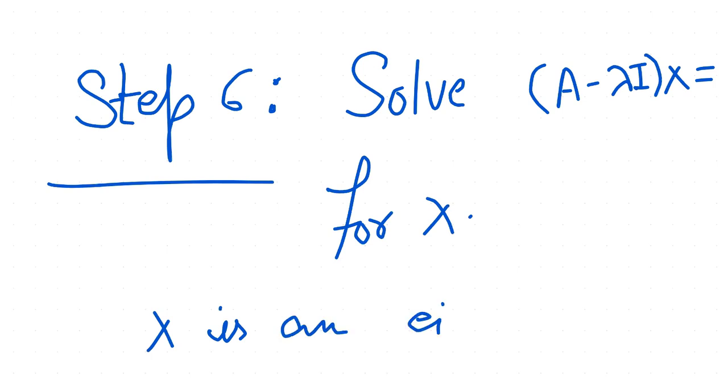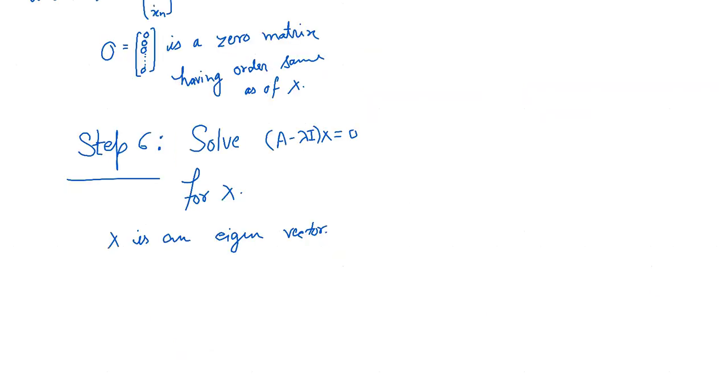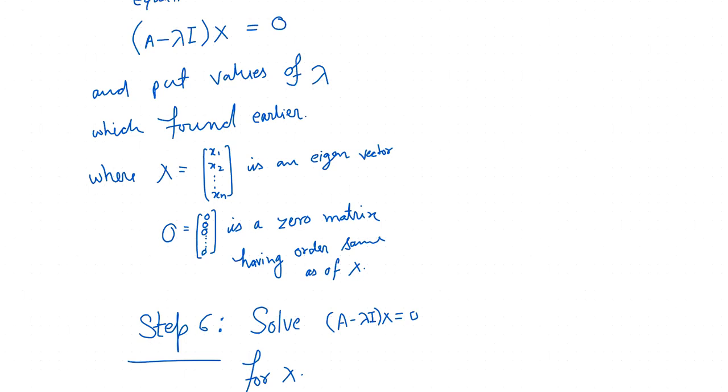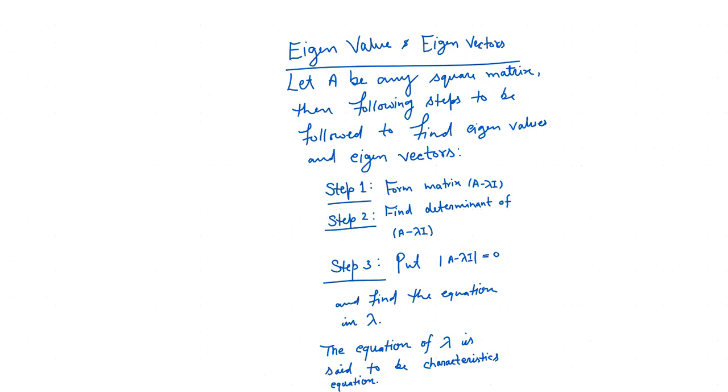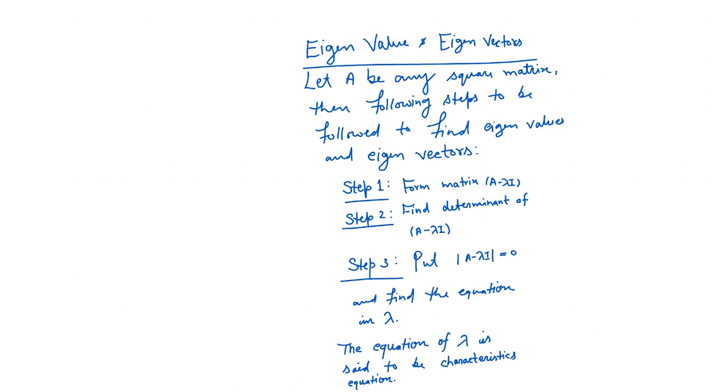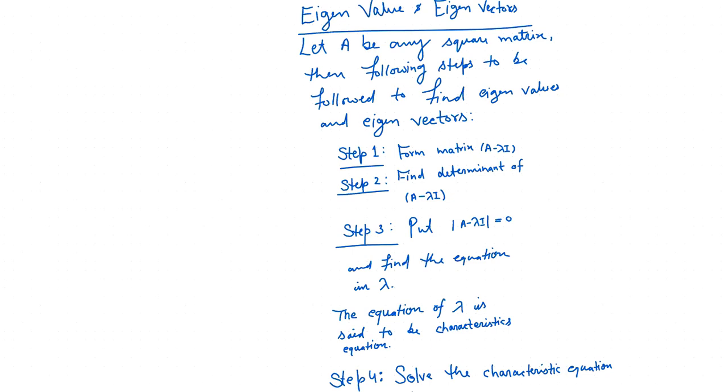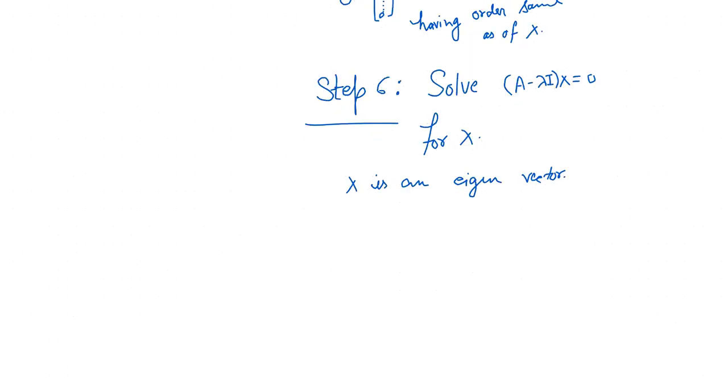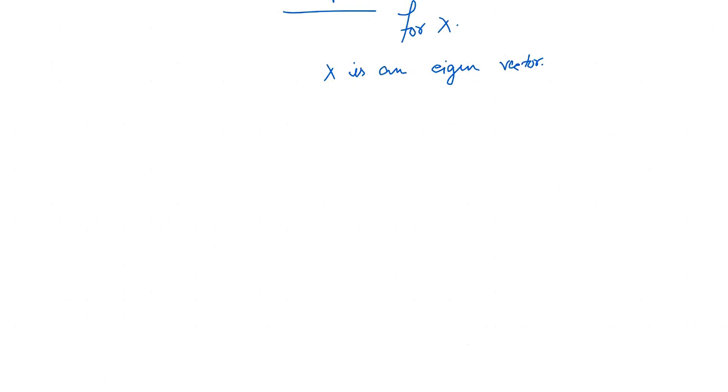In this way, we can find first an eigenvalue and then the eigenvector for that eigenvalue. If you have any doubt, you can ask me and I'll repeat. So let us do one question to understand this well.